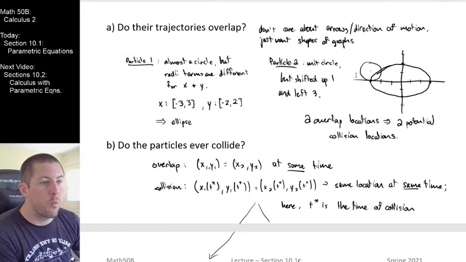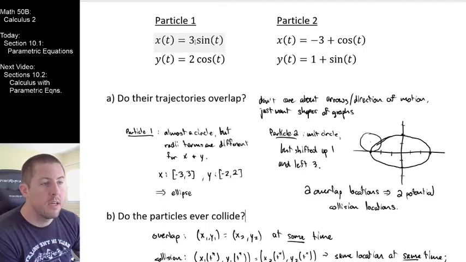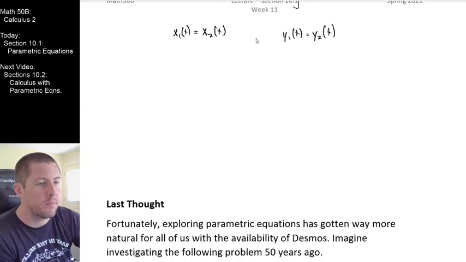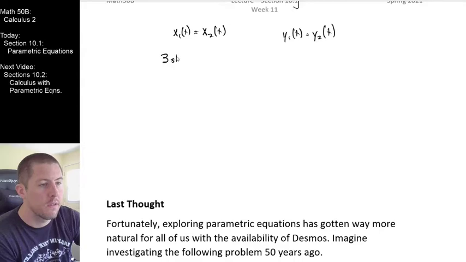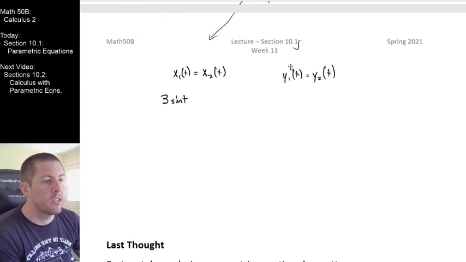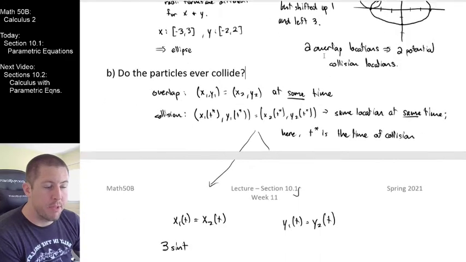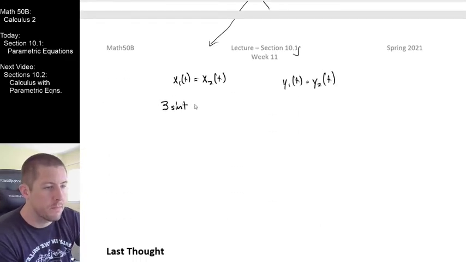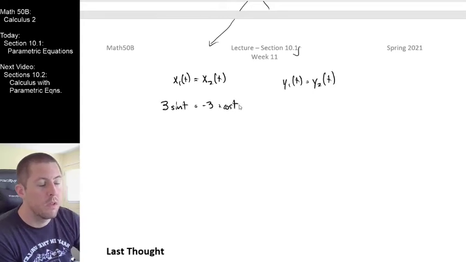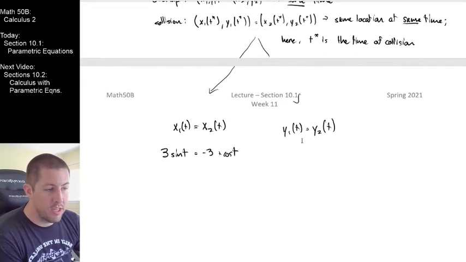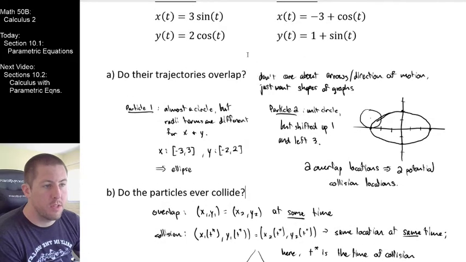So what do we have for x1? x1 of t is 3 sine t. x2 of t is negative 3 plus cosine t. My second set of equations here is saying the y values also have to correspond. So 2 cos t equals 1 plus sine t.